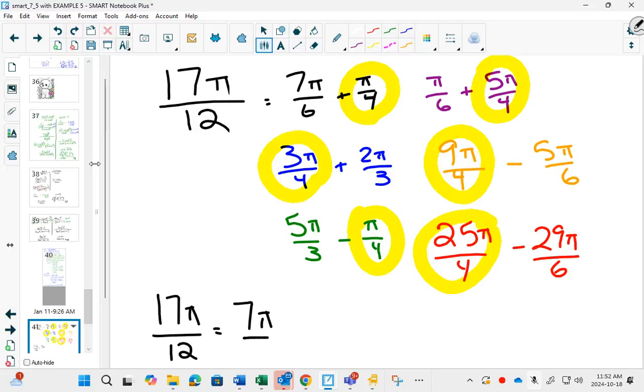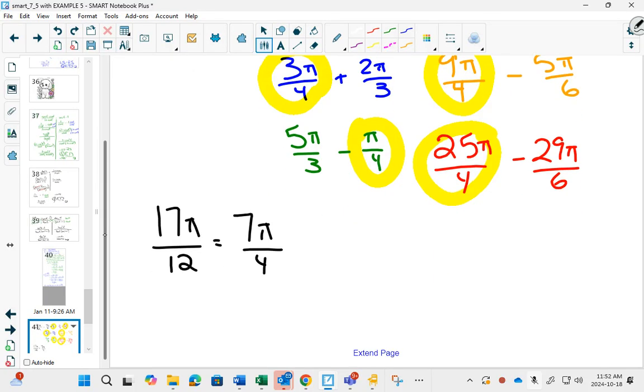So you can find any pi over 12 by starting with any pi over 4 that you like. If I started with 7 pi over 4, if I multiply that by 3, can you see that that's 21 pi over 12? That's too much. What would I have to do to get back to 17? I would have to subtract 4 pi over 12.